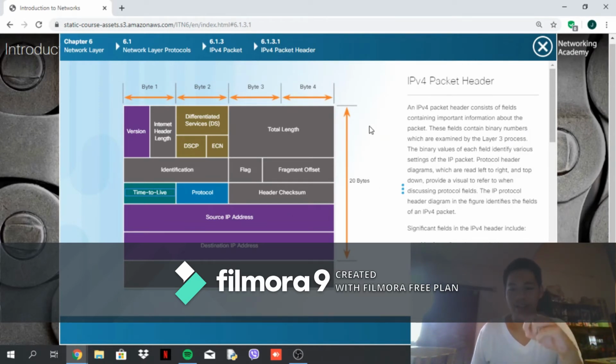As you can see, guys, this is the first version of the protocols, the Internet Protocol version 4, IPv4. Here is the header, or the packet itself, which should be familiarized also.